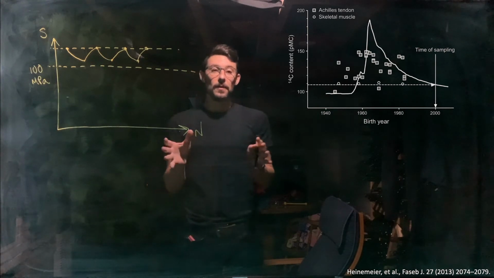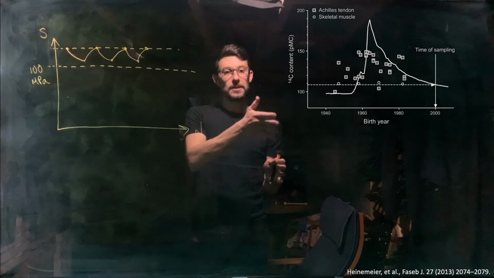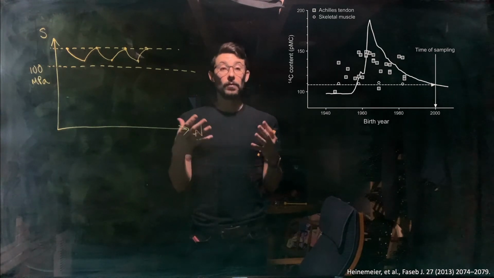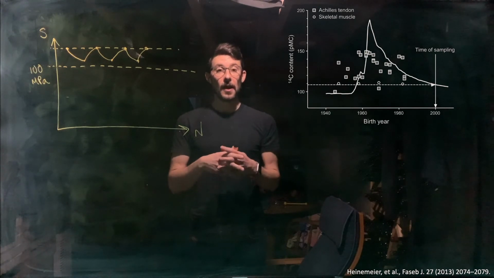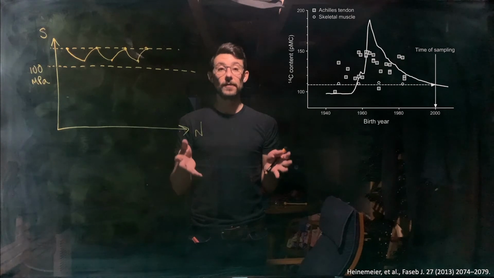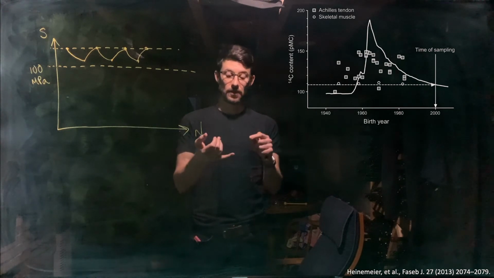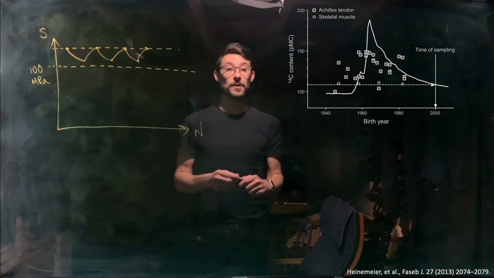In the late 50s, between 1955 and 1963, there was a lot of nuclear testing done. As a result of that testing, there was a huge increase in the amount of carbon-14 in the atmosphere. That's carbon with 8 neutrons rather than 6 neutrons.